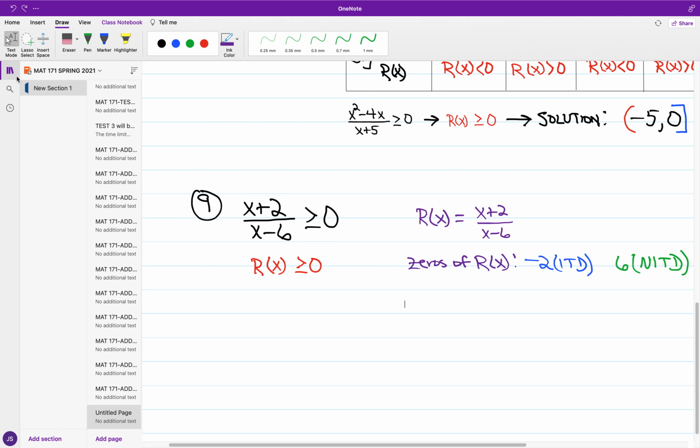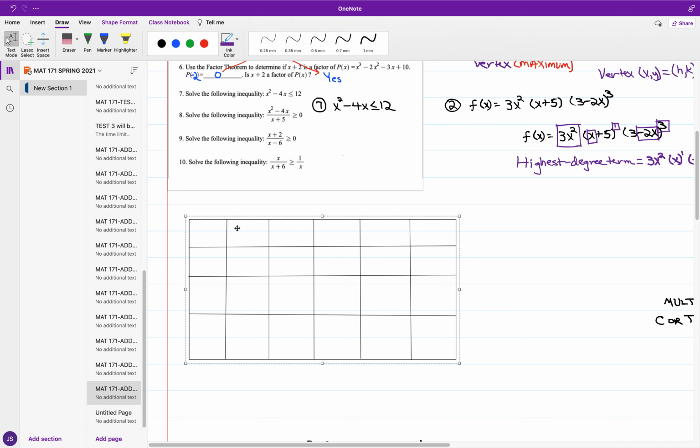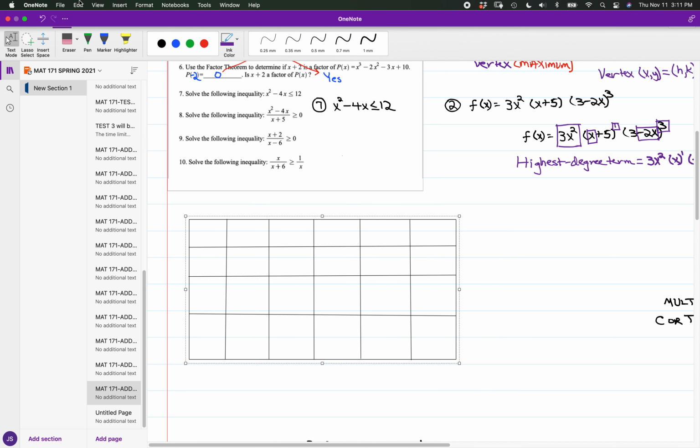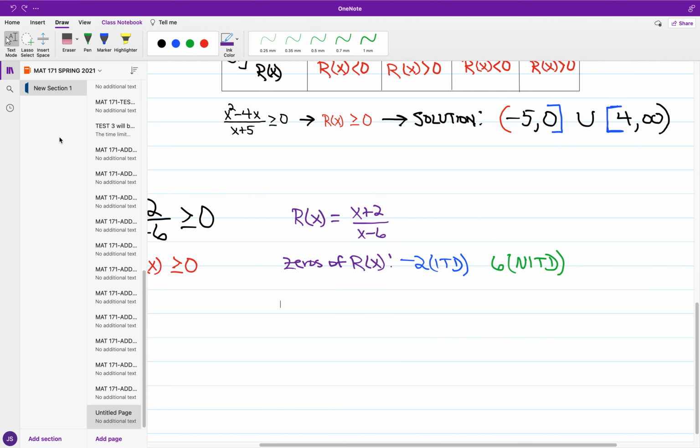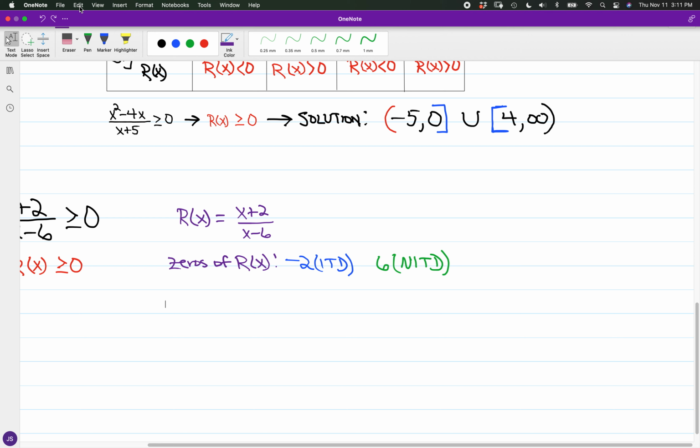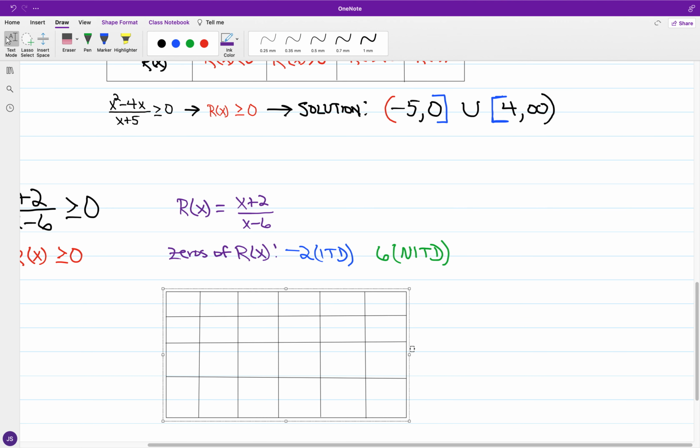let me copy this yet again. Okay, so concerning the intervals, between negative 2 and 6, negative 2 is going to be the smaller of the zeros.